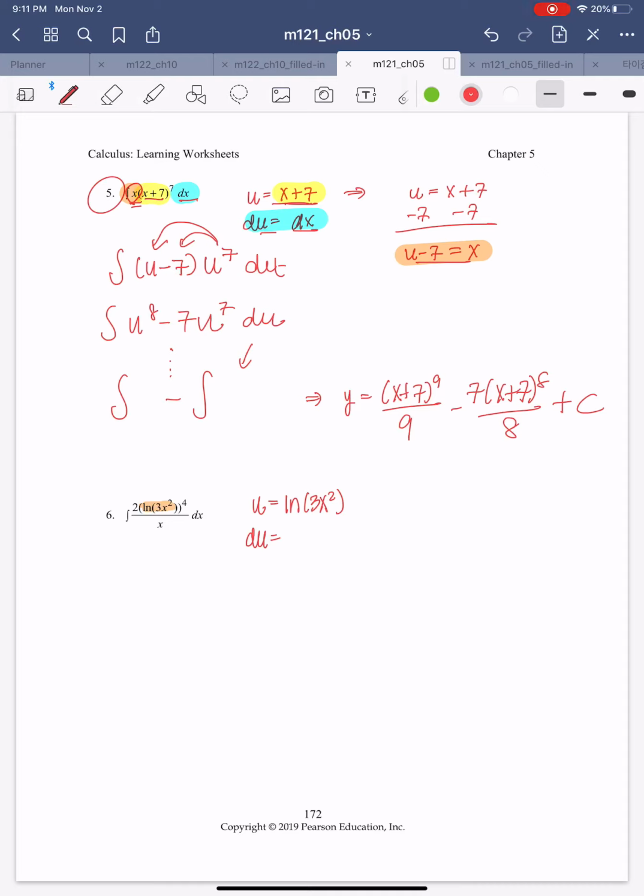This is going to be 1 over 3x squared times the derivative of this, which is 6x dx. So my du is what? 3 goes into 6, 2, and then x divides with this one, 2 over x dx. So this is a nice one. I have my du already set to go.